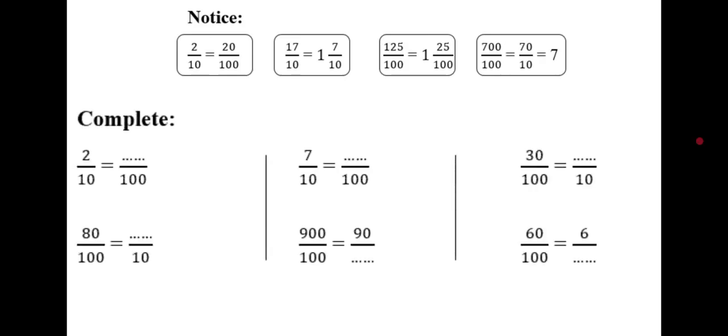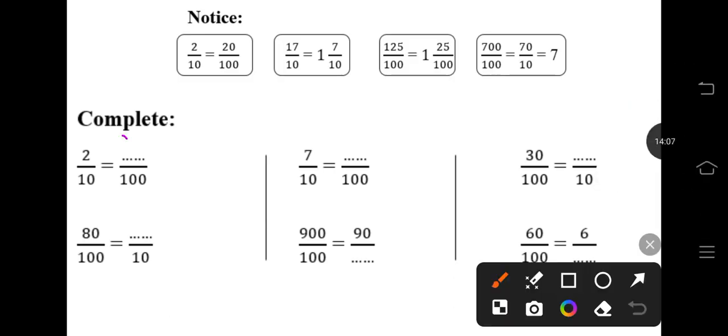Okay, 2 over 10, which is 20 over 100, 8 over 10, 7 over 10.